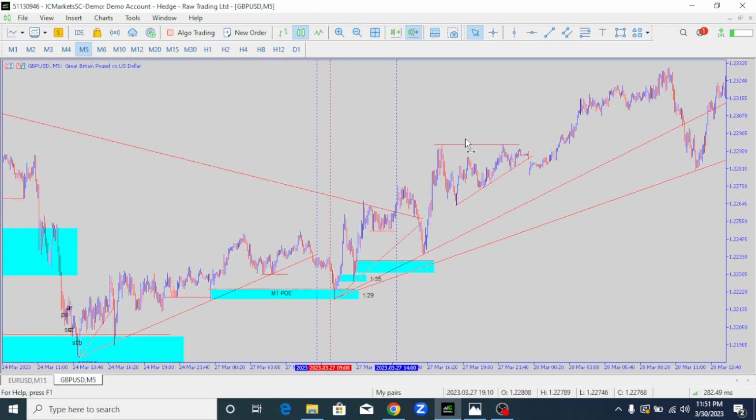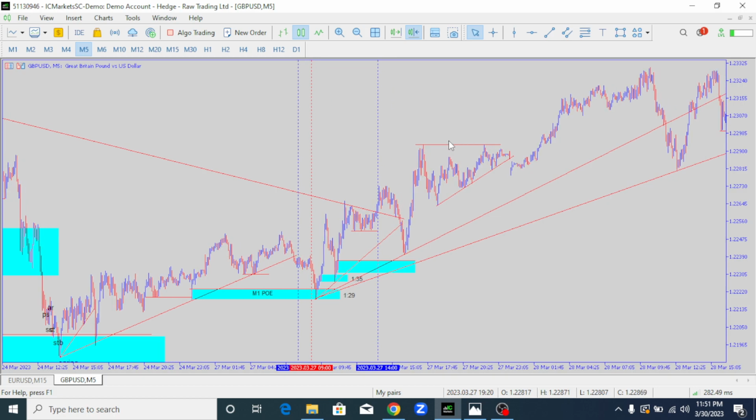Guys, I'm going to show you that what I'm saying, that the form of trend lines is mostly used as, sorry, form of liquidity. You see, this first liquidity was manipulated. This is a second liquidity that is manipulated.